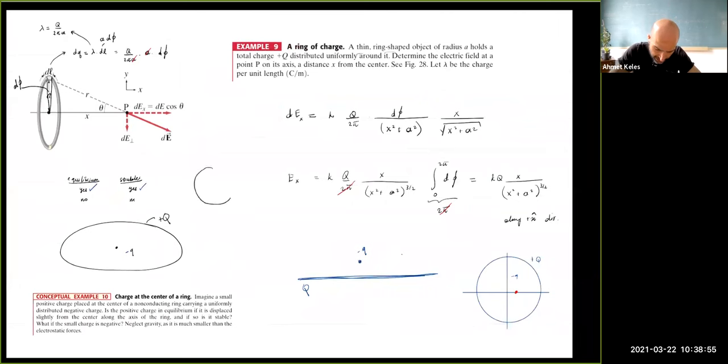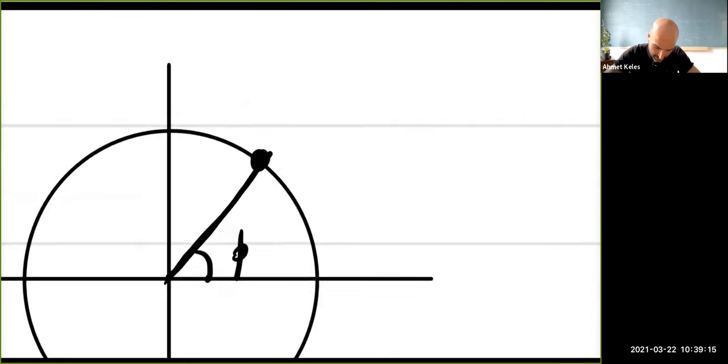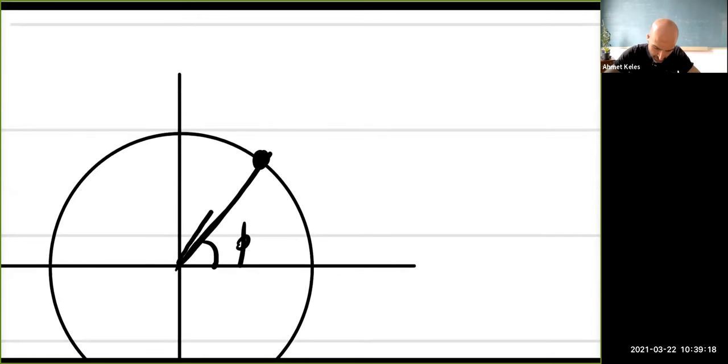So I have a ring, and let's put some symmetry axes. In this ring, I want to choose this point, which is parameterized with some angle phi, and the infinitesimal at this point is d phi.